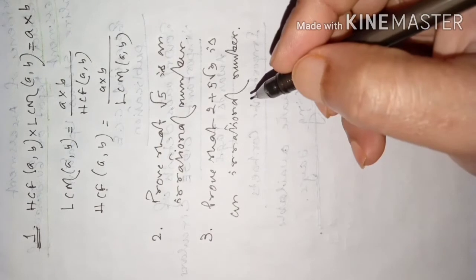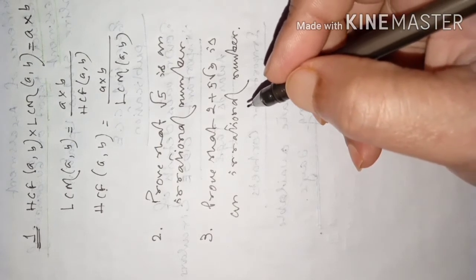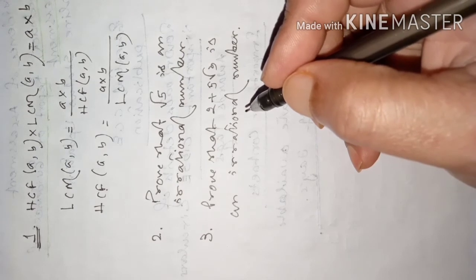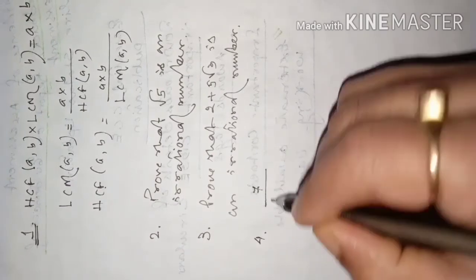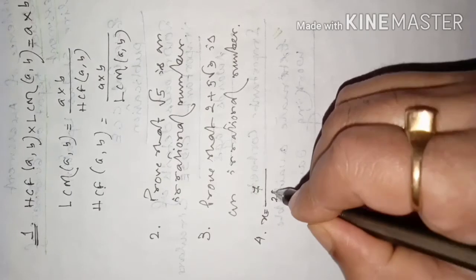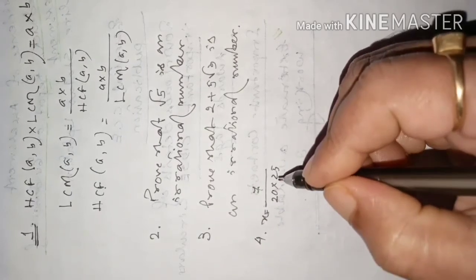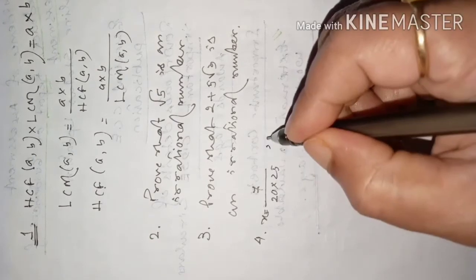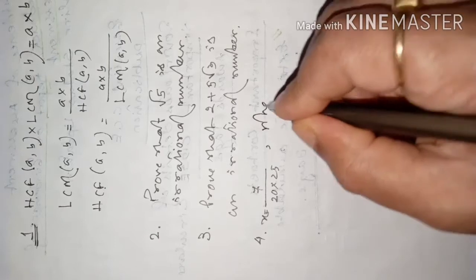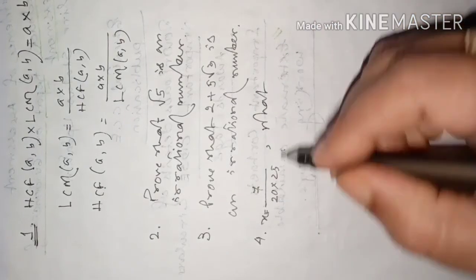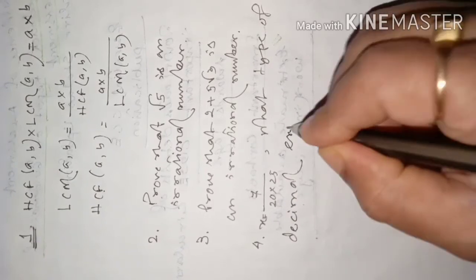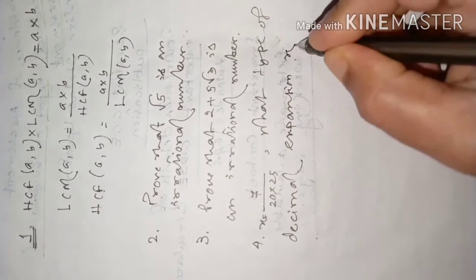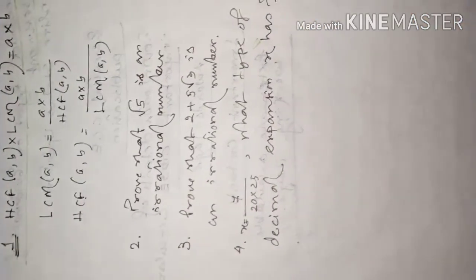Again, I would like to mention some questions of the type where you are asked, suppose x equal to 7 by 20 into 25, which is a rational number. Then what type of decimal expansion does x have?